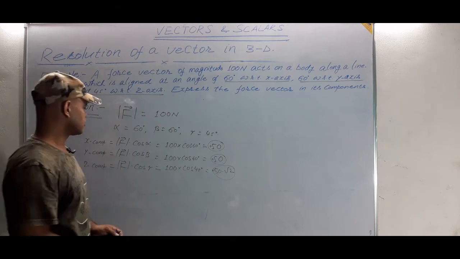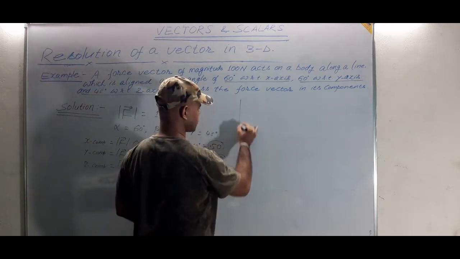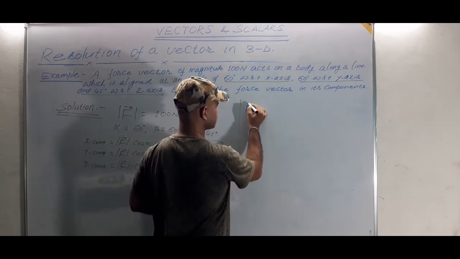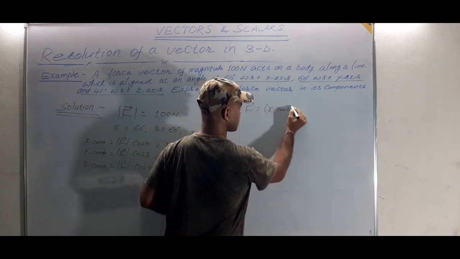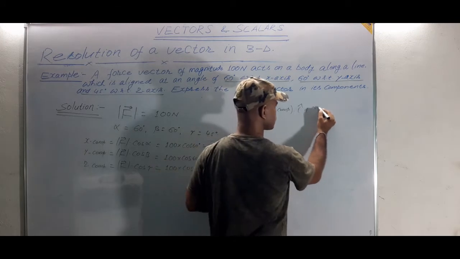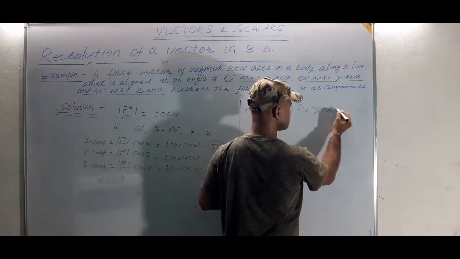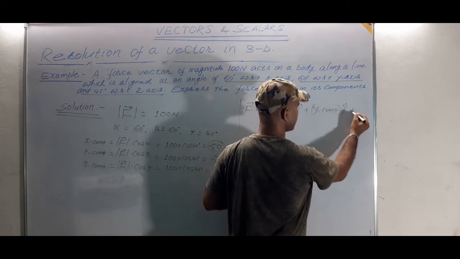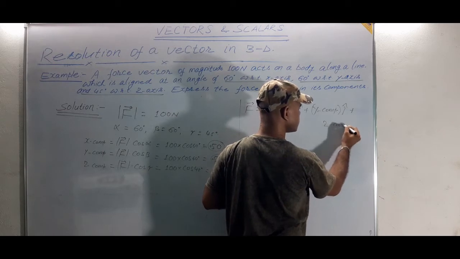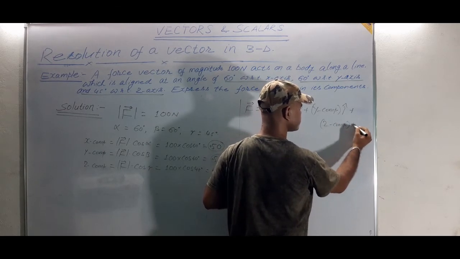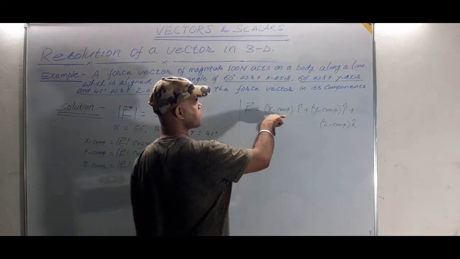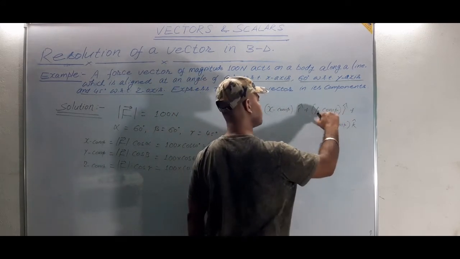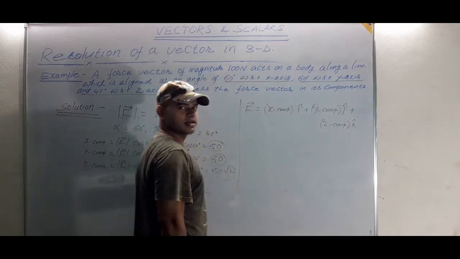Getting it? So now we can express the vector. What can we write? F vector as x component i cap plus y component j cap and z component k cap. The values of these components will itself tell whether it is along plus i or minus i, plus j or minus j, plus k or minus k, right?